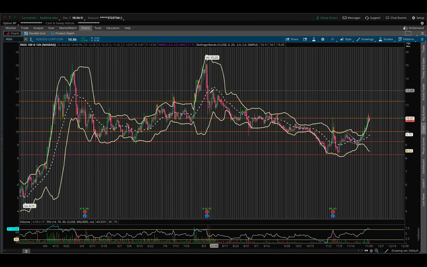I'm waiting for these to tighten up, and when they tighten up, that means it's consolidating, and the tighter they get, the more chance it has to move one direction or the other. So you obviously have to combine that with your technical analysis, but once they tighten up, it's ready to make a move. So that's another indicator I'm using when looking for entries.